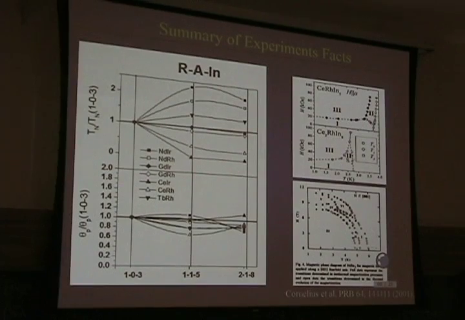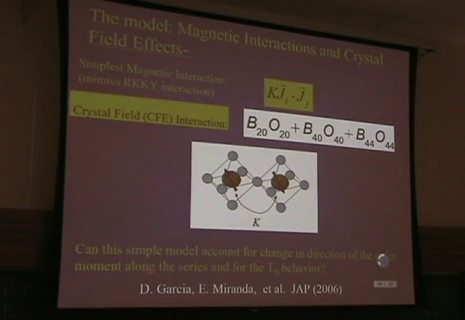So you can have a crystal field-induced mechanism that enhances T_N for those that are ordered along the c-axis and suppresses T_N for those that order in the plane. So that's two hand-wavy arguments. So I asked for help from our theoretician collaborators, Eduardo Miranda and Daniel Garcia, his postdoc, who's sitting over there, to make a very simple calculation for me.